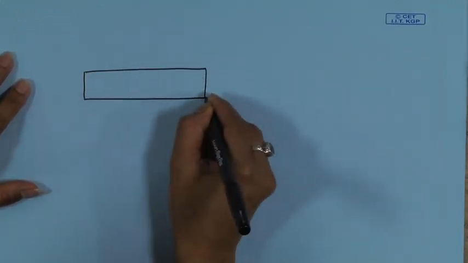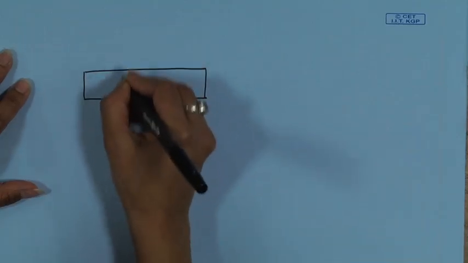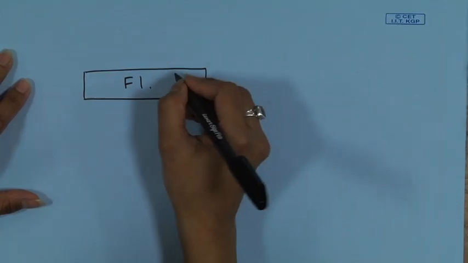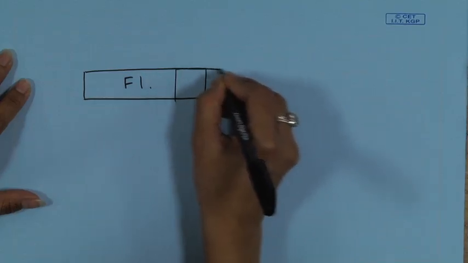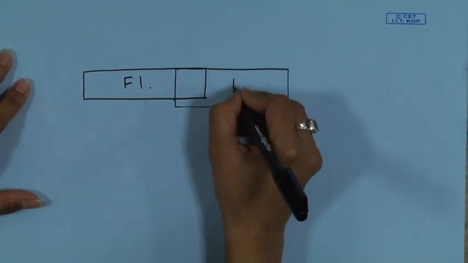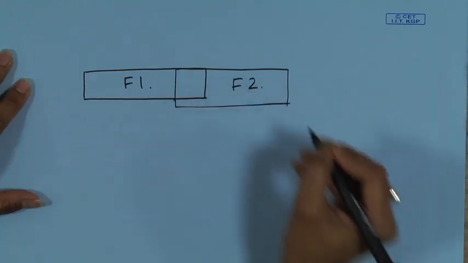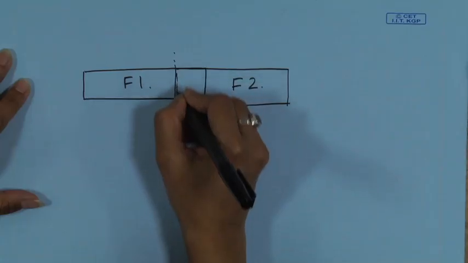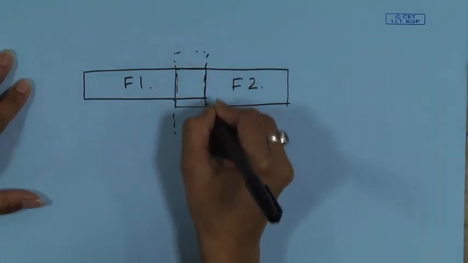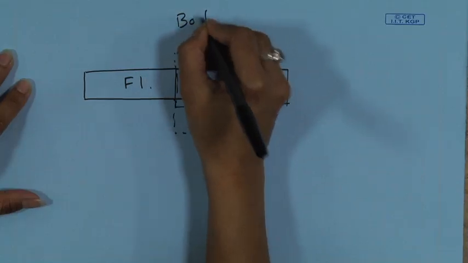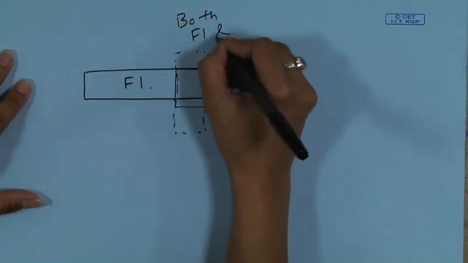This is your F1 part, and this is your F2 part, and this part is having both F1 and F2.